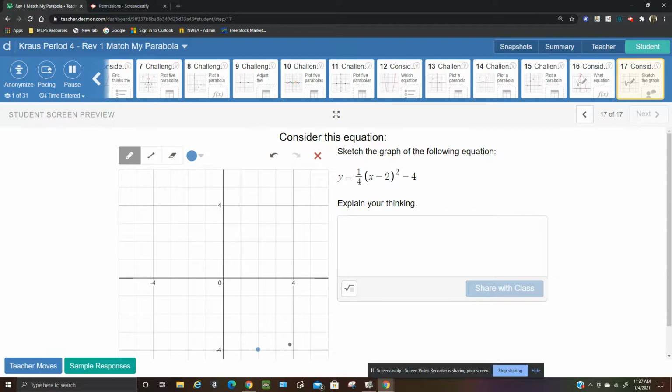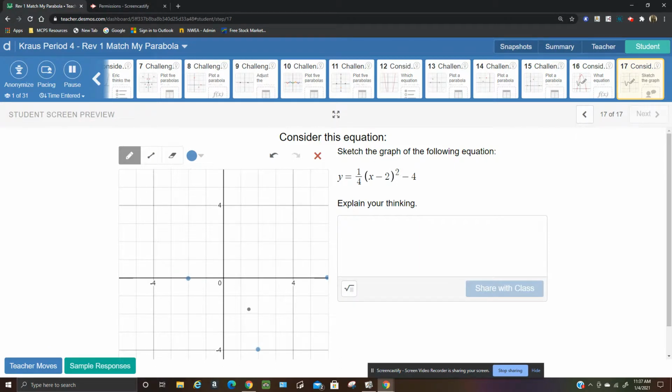So point over 1, up 1/4, over 4. 1, 2, 3, 4, up 16, but then this will go 4 here. So left 4 and up 4. 1, 2, 3, 4. Should get up 16, but it's 1/4 of that.